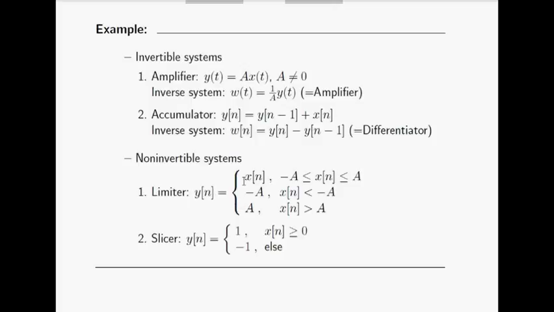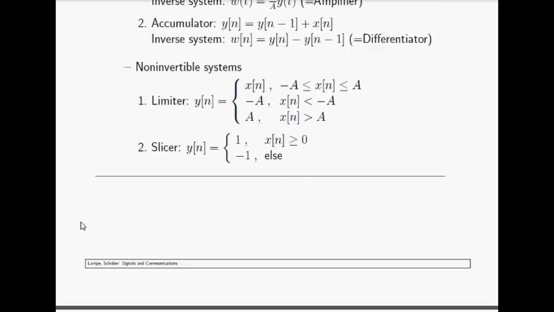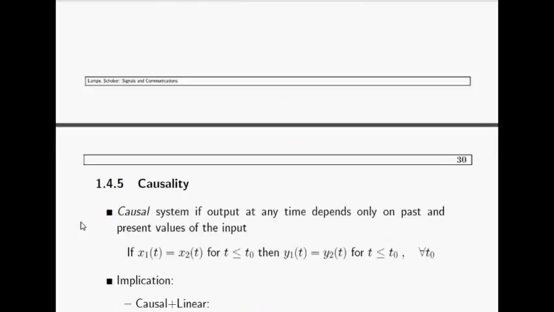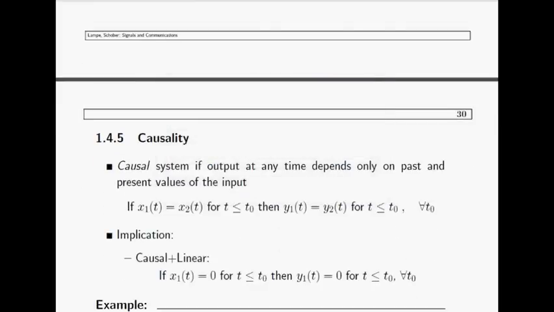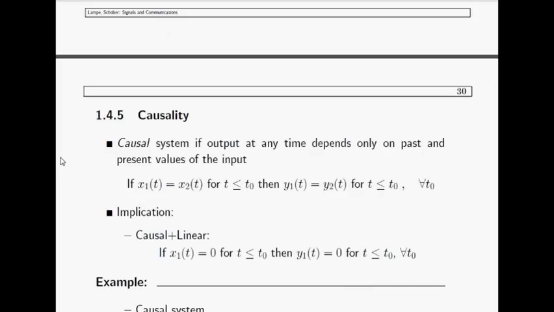Okay, so now let's move forward to the next property, which is causality. A causal system is any system whose output depends only on the past and present values of the input.